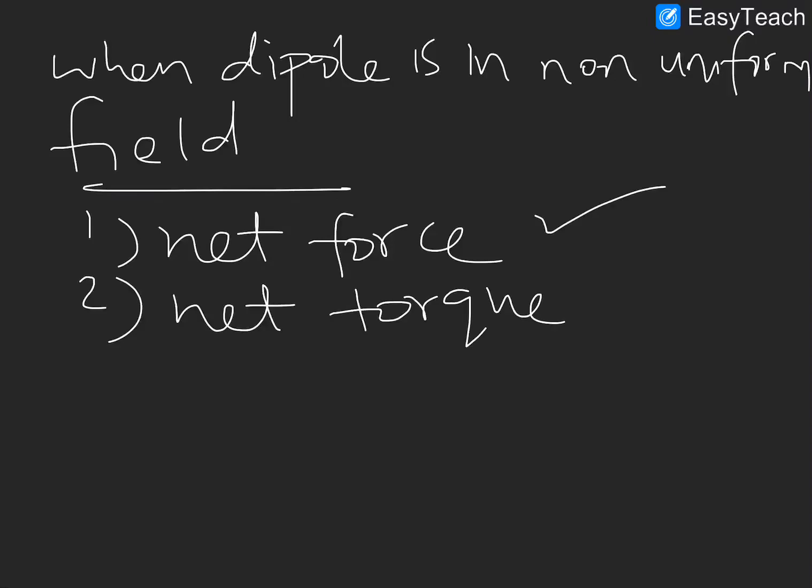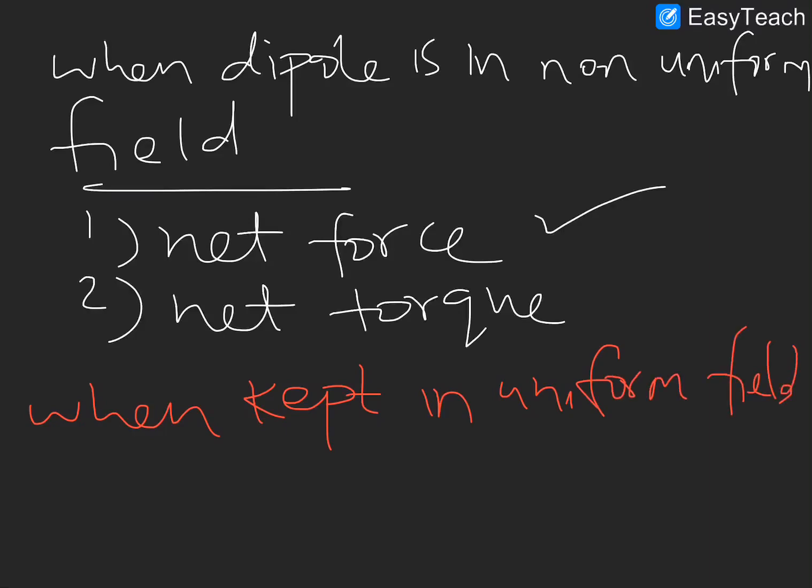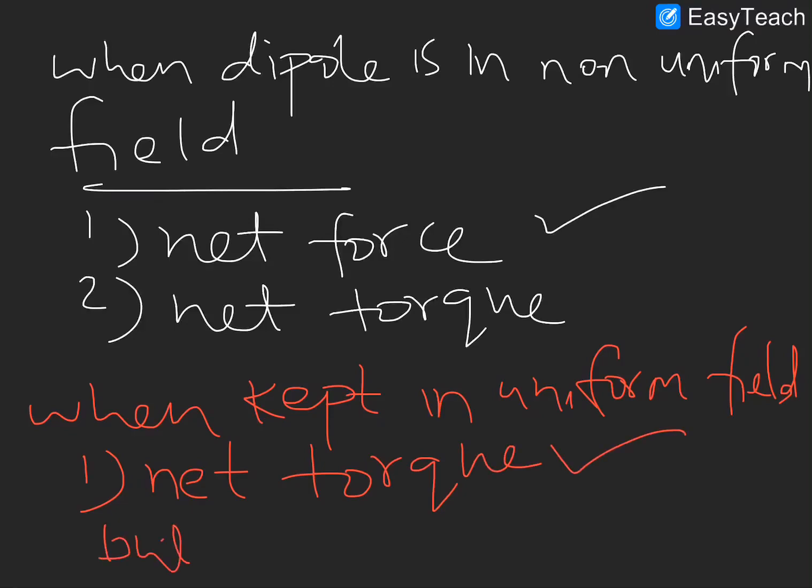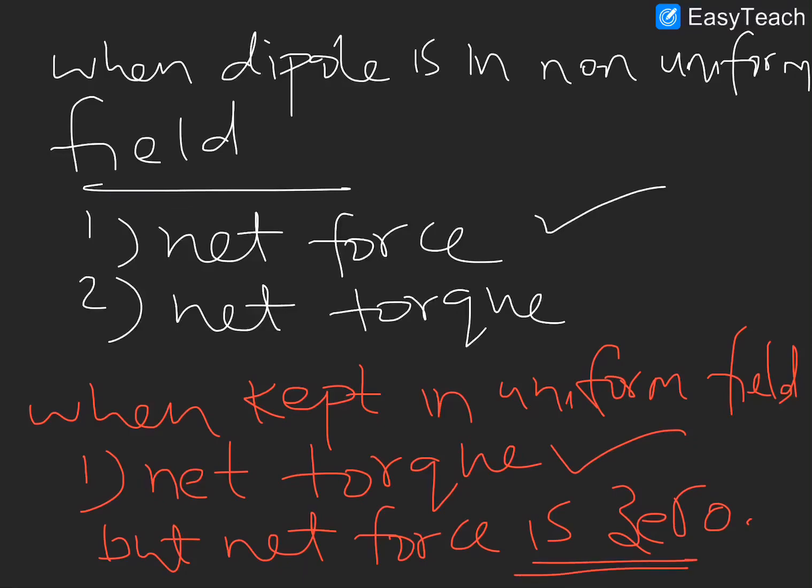And when kept in a uniform field, there will be net torque, but net force is 0. So these are the two cases, when placed in a uniform field and when placed in a non-uniform field. So I hope it is clear.